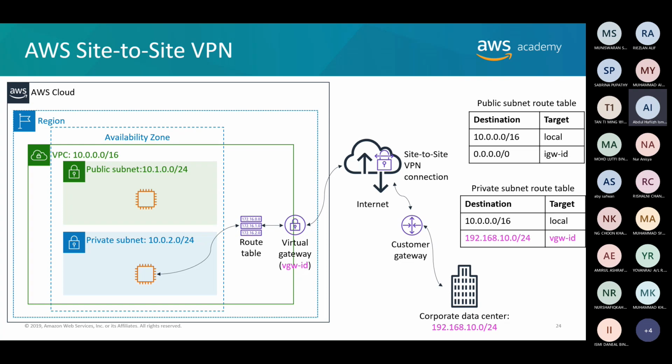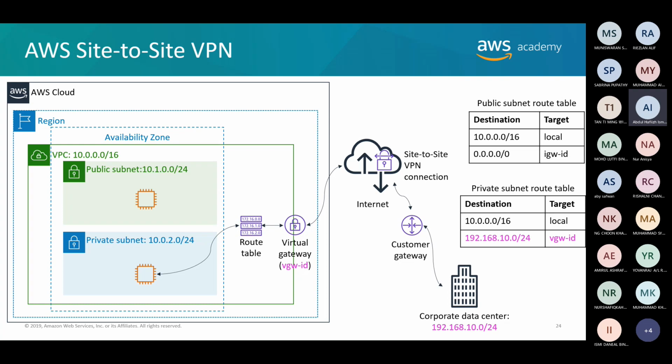So yang ni VPC kita, dia ada virtual gateway, and then kita nak connect kepada contohnya on-premise kita lah, contohnya corporate data center. So kita kena create site-to-site VPN connection. And then customer gateway ni contohnya router yang dengan kita punya data center kita ataupun kita duduk sini.